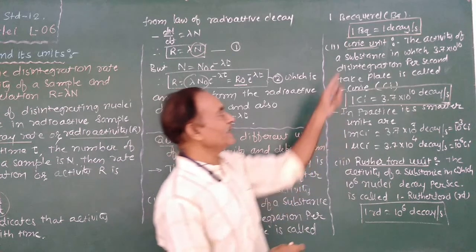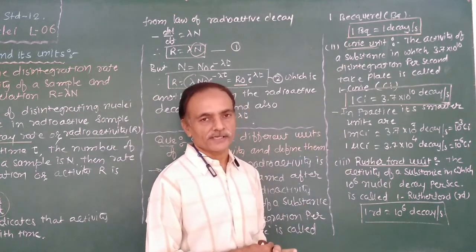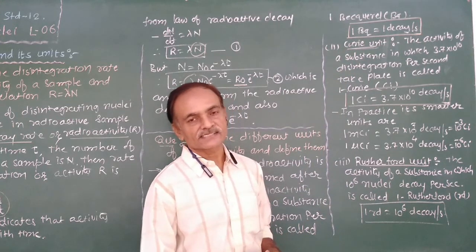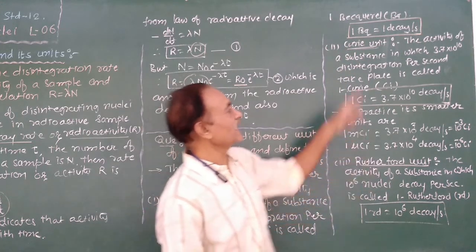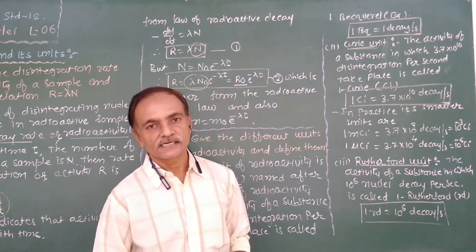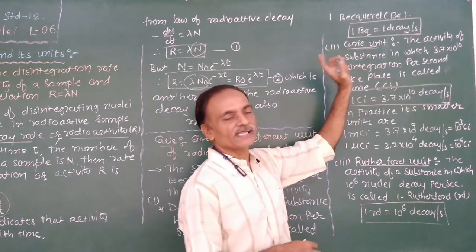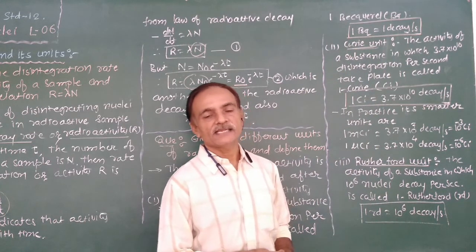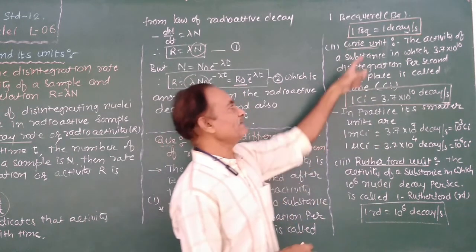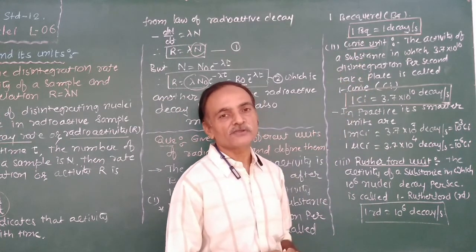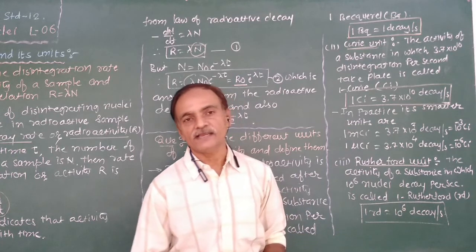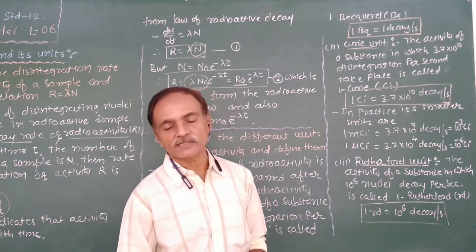Now, the practical unit of radioactivity is the Curie. The activity of a substance in which 3.7 × 10¹⁰ disintegrations per second take place, that means 3.7 × 10¹⁰ nuclei disintegrate per second, is known as 1 Curie.